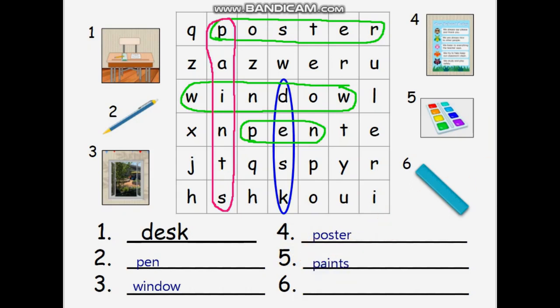Well, what is there? A ruler is there. Where is a ruler? Here it is. Number 6 is a ruler. Let's write number 6, ruler. Ruler. Yes, good job.